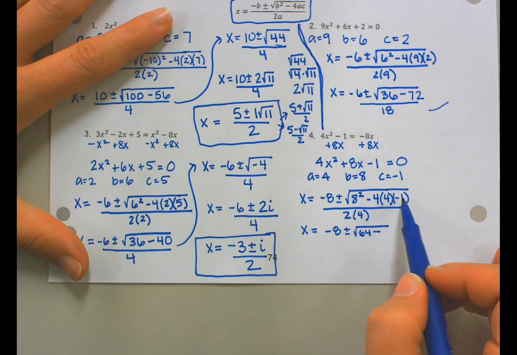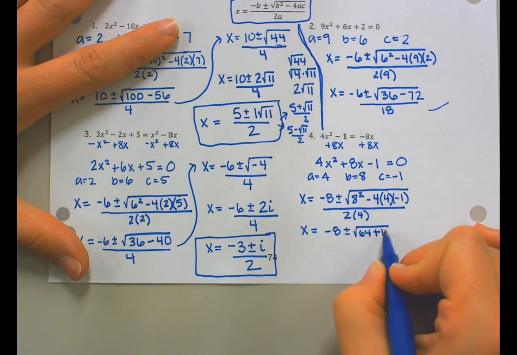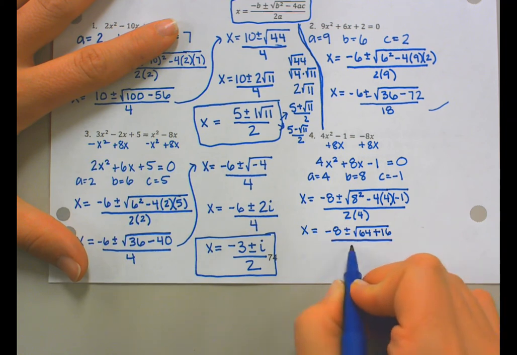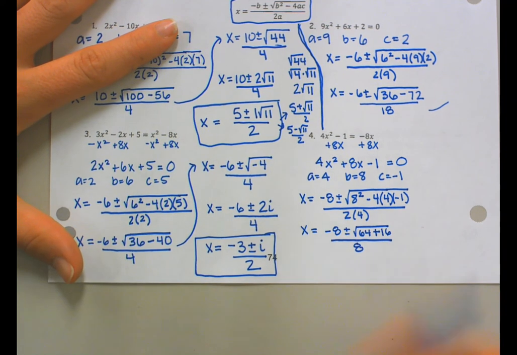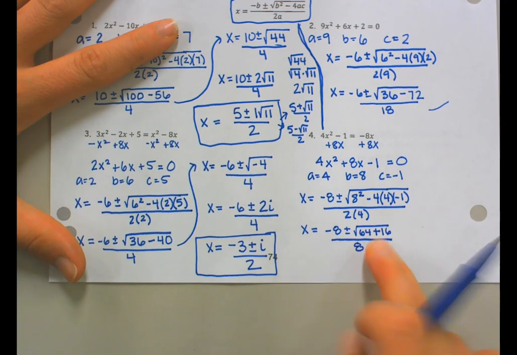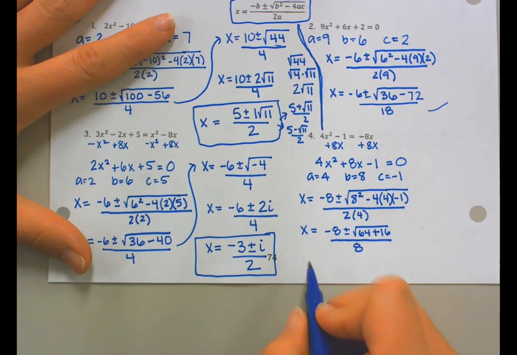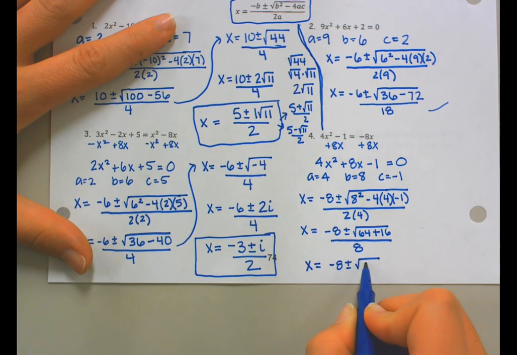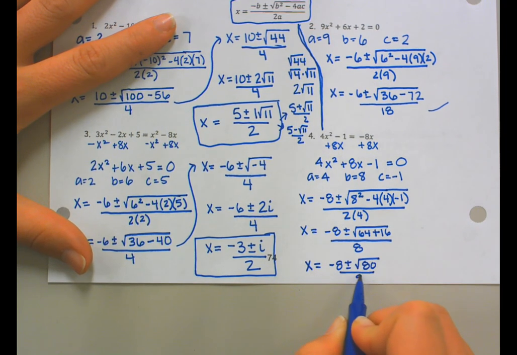Negative 16 times negative 1 actually gives me a positive 16 here. That's 64 plus 16, all over 8. So then if I simplify further, I get negative 8 plus or minus the square root of 80 over 8.